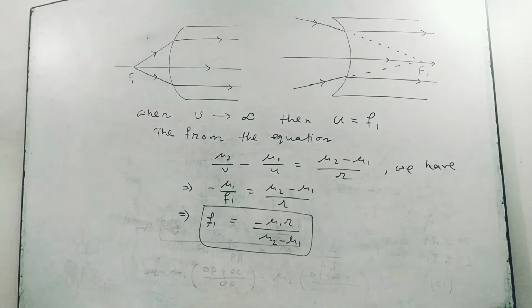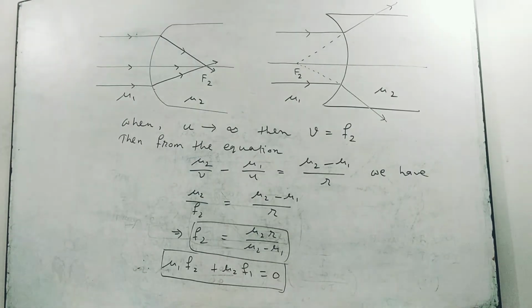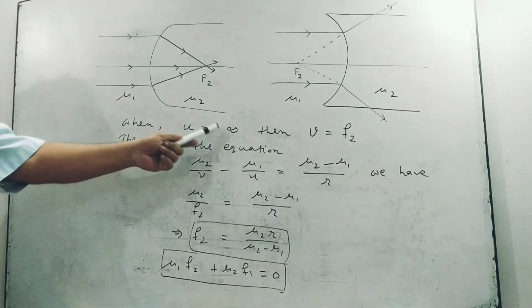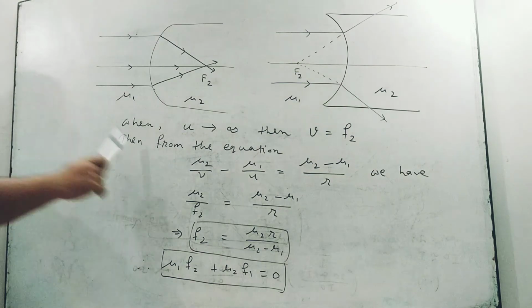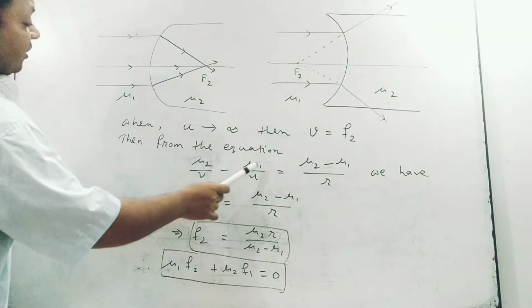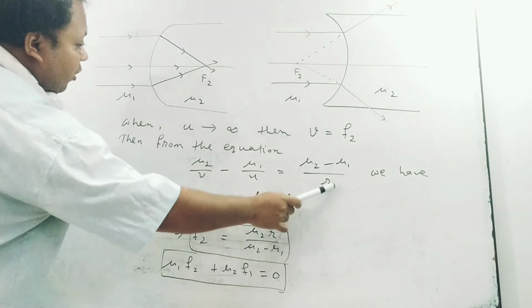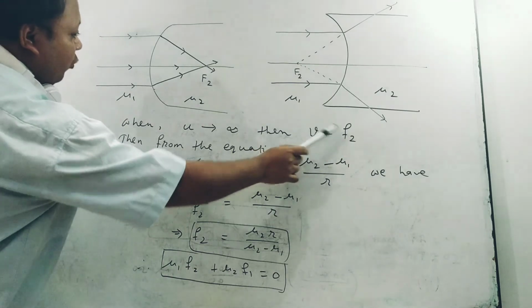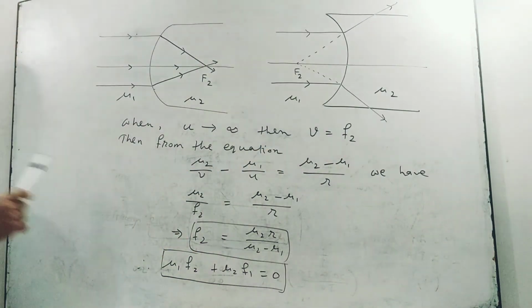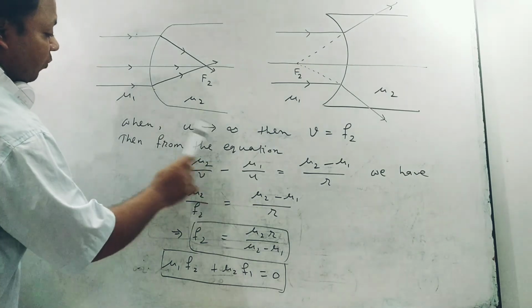For the second principal focus, we know that when the object is placed at infinity, then the image is formed at the focus. Therefore, when u tends to infinity, then v is equal to f2. Now, from the equation mu2 by v minus mu1 by u is equal to (mu2 minus mu1) by R, we place f2 in place of v and infinity in place of u.